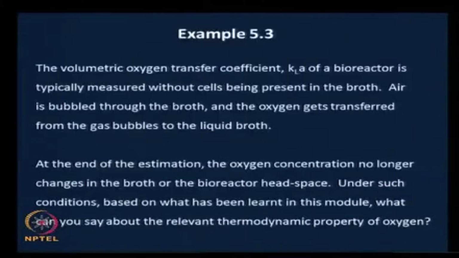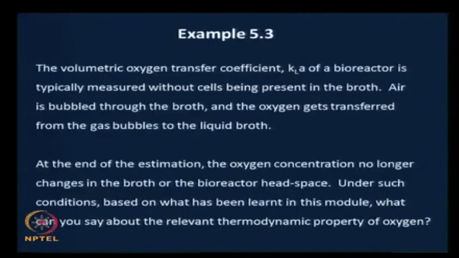Example 5.3 reads as: the volumetric oxygen transfer coefficient, denoted as KLa, of a bioreactor is typically measured without cells being present in the broth. Air is bubbled through the broth and the oxygen gets transferred from the gas bubbles to the liquid broth.